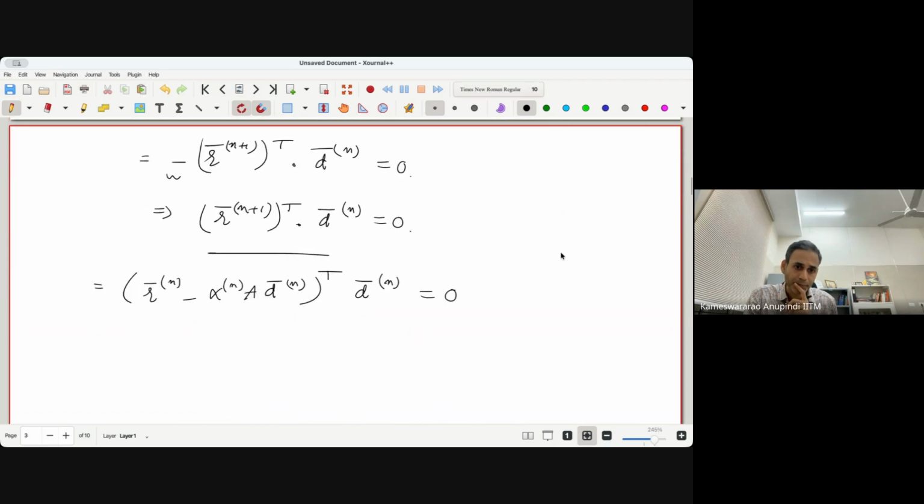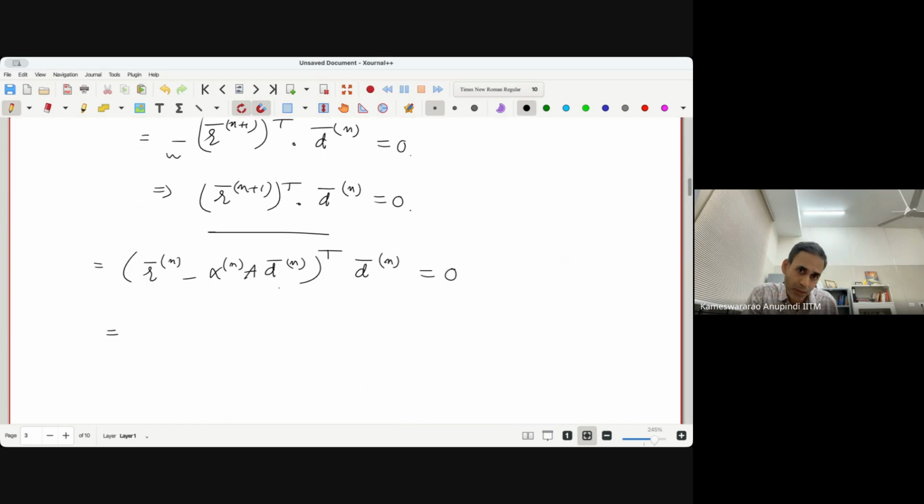Okay, so if I were to apply this transpose and multiply with the dn, this is going to give me r bar n transpose d bar n minus alpha n, which is a scalar, times d bar n transpose A transpose d bar n equal to 0.